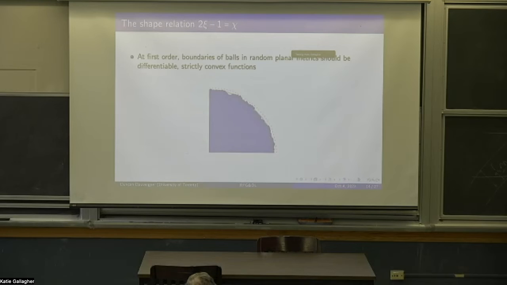It might not look exactly like a Euclidean ball, but it should be differentiable and strictly convex at first order. So that's the solid red line. And the true boundary will fluctuate around that solid red line in a window which is the size of the fluctuation. So that's this dotted red.